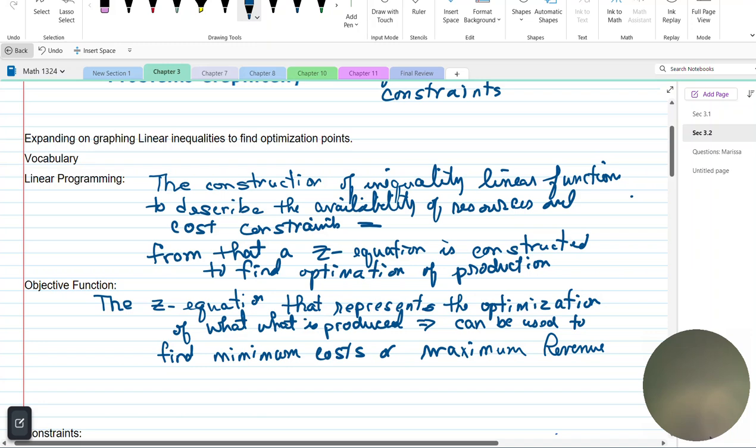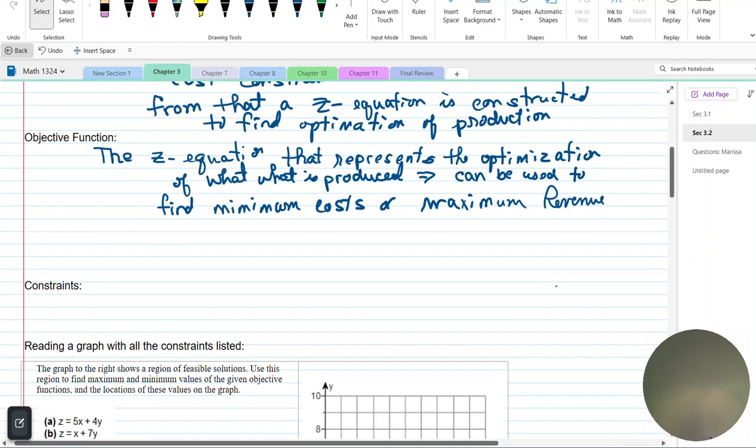We got a whole bunch of inequalities, and we call those the constraints.